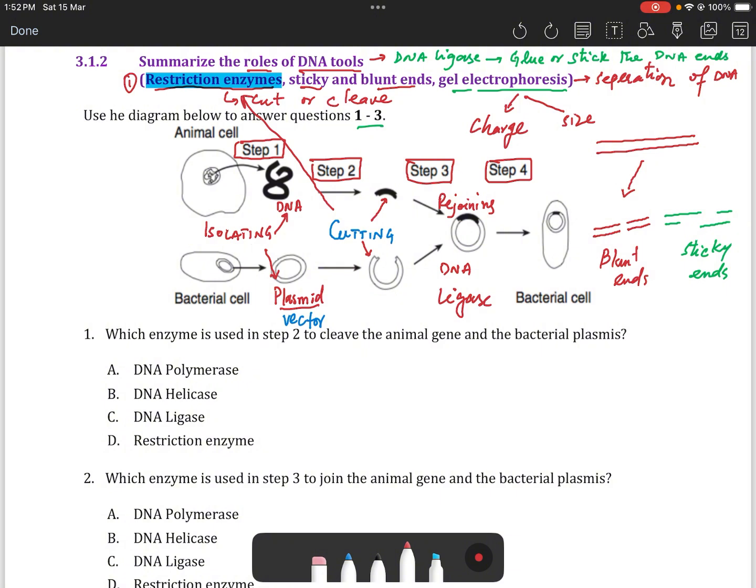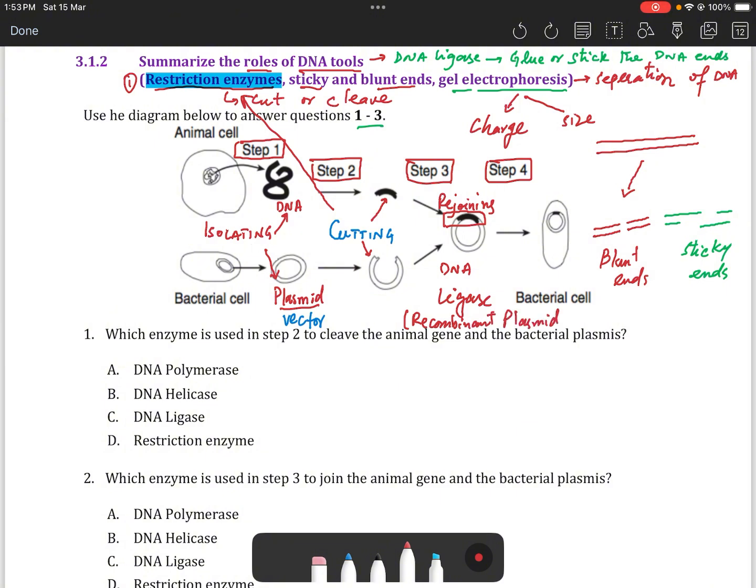Now when you join them back, you can see that this has now two parts. You can easily see that this part is coming from the human, and the lower white part is coming from bacteria. So this is a plasmid basically, but now this is called a recombinant plasmid.